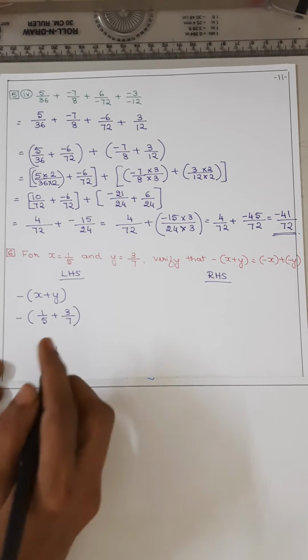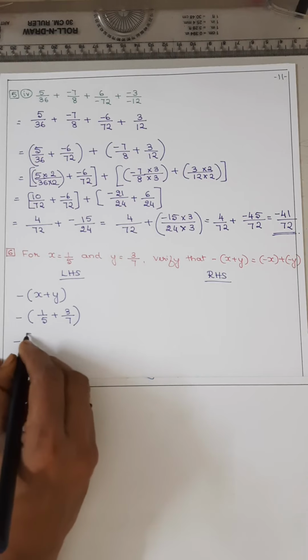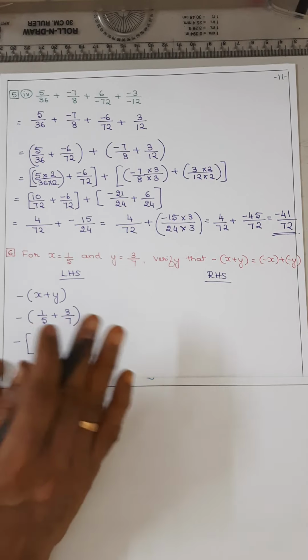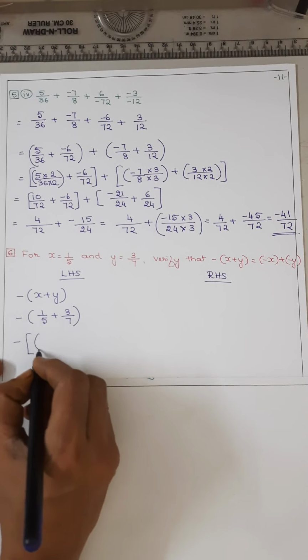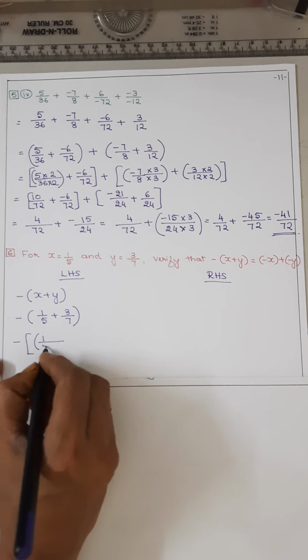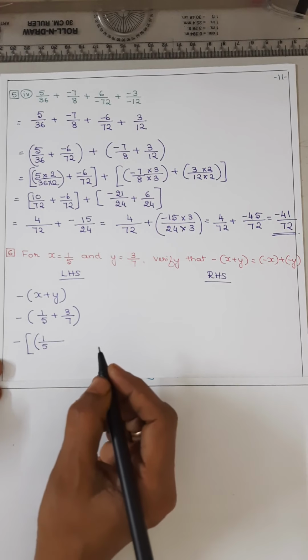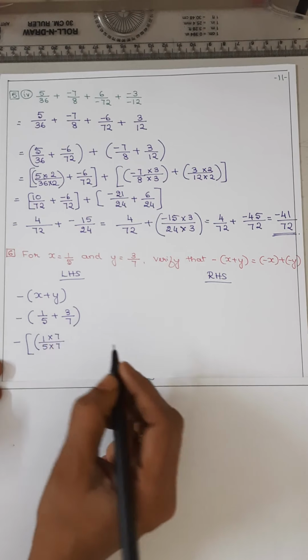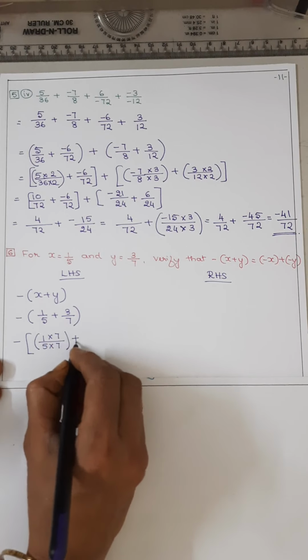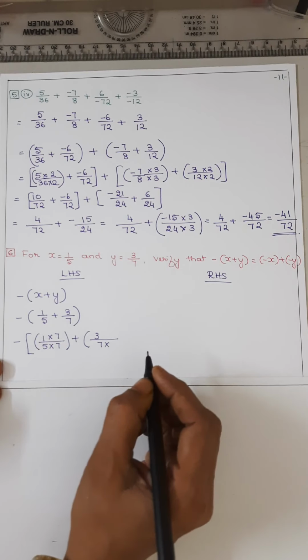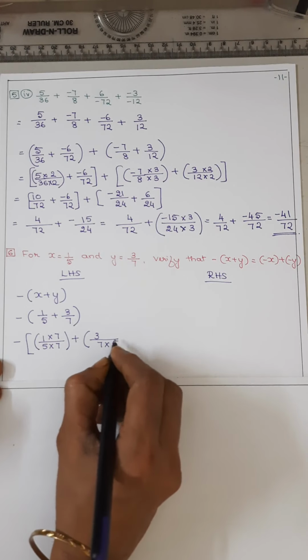Now minus, 5 and 7, both are prime numbers. Multiply, 5 sevens are 35. So convert into 35. 5 sevens are 35, so the numerator also multiplied by 7, plus 3 by 7, convert to 35, 7 5s are.